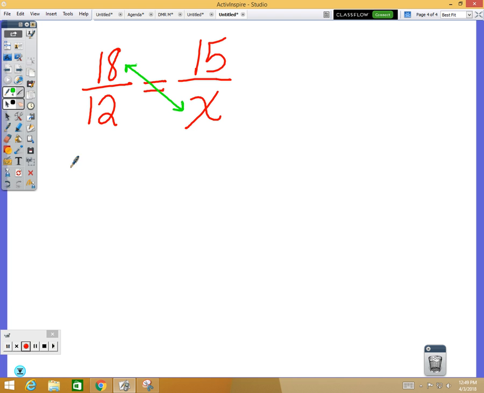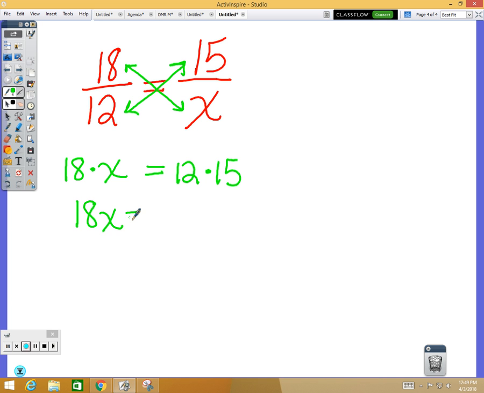So the 18 times x, and that's going to equal 12 times 15. Questions about that step? Everyone okay with that step? Alright, now we're using calculators. So 18x equals 12 times 15 is what? 180.